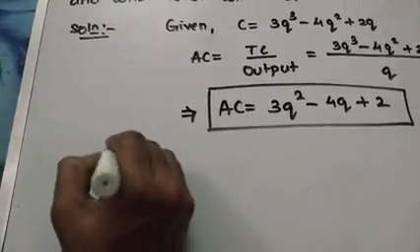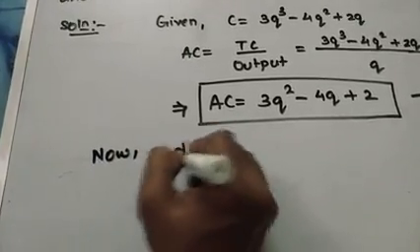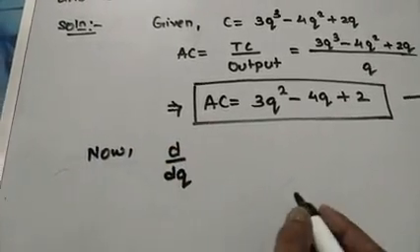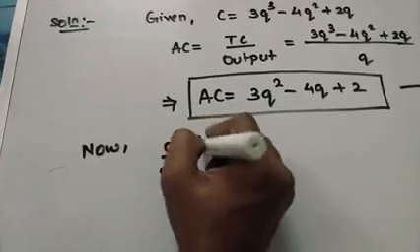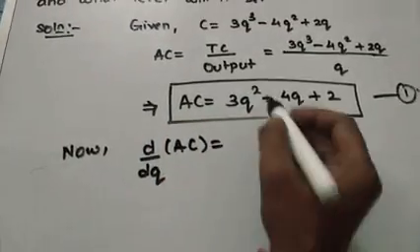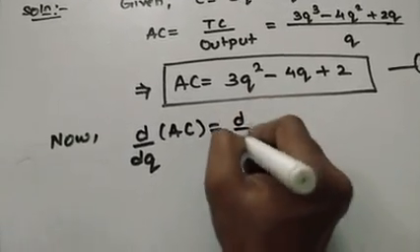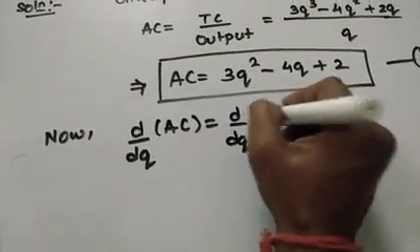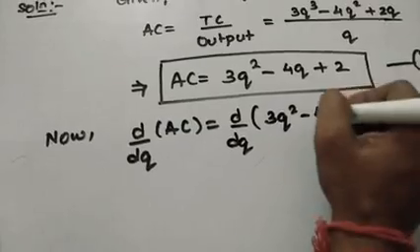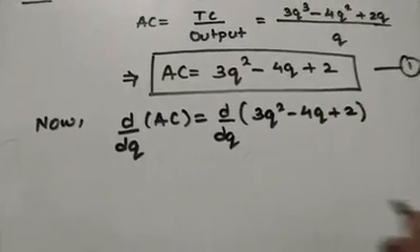So let's start. First of all, find the first derivative. So now d/dq, the output is q, of average cost, that means the derivative of this. That is d/dq of 3q square minus 4q plus 2.